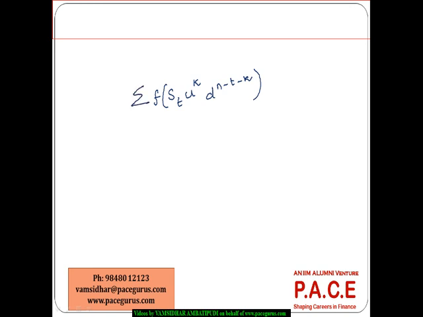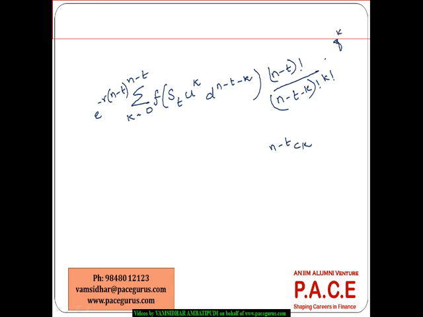This I am typically adding over 0 to n minus t periods, and this I am discounting by e^(-r(n-t)), and the number of combinations of each of them, n minus t factorial, we get it as (n-t)Ck. So I am writing it as (n-t)! by (n-t-k)! times k!, (n-t)Ck into q^k into (1-q)^(n-t-k).